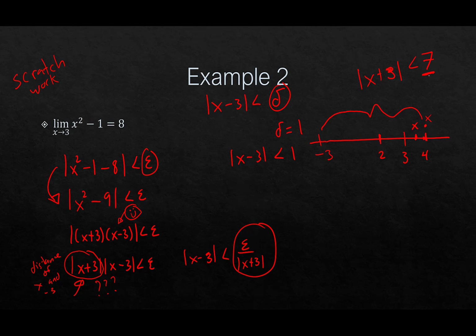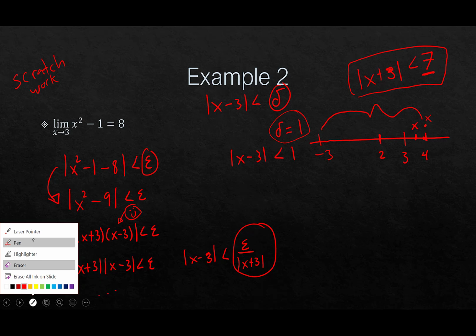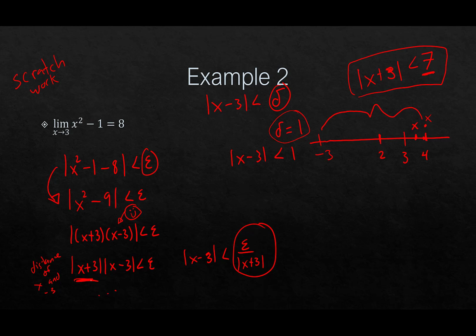Okay, so now we're going to use this information. Keep this in the back of your head. If delta was 1, which is somewhat realistic because, again, delta is supposed to be really small, we would get that the distance between x and minus 3 is less than 7. So going back to our question marks over here, we can improve this to say, well, the distance between x and negative 3 was less than 7, so we can really replace this with a 7.